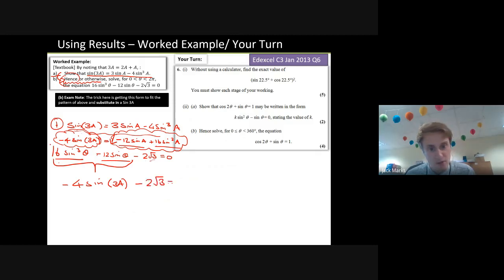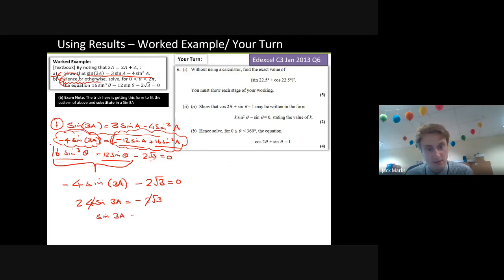The -2√3 goes over there. And can you see that from there we're going to be able to solve the question? So if you move the 4 sine to the other side, you get 4 sine of 3a equals -2√3. Divide by 2 on both sides. Divide by 2 again.